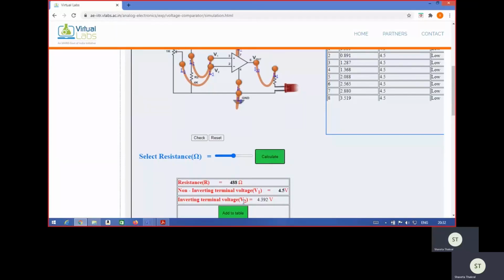We can calculate, add it to table, and here we can move the slider slowly so that we can compare the inverting terminal voltage with the non-inverting terminal voltage at the same level. Like till this point the inverting terminal voltage is less than the non-inverting terminal voltage. Now let's put it at 500 ohm.